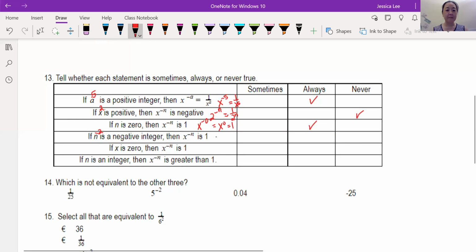So here goes. x is right here, and then to the negative of negative 2, because it's the negative on the outside of n, and n is negative 2. So you got that? The negative of negative 2 is going to be x to the positive 2. So it's just x squared.